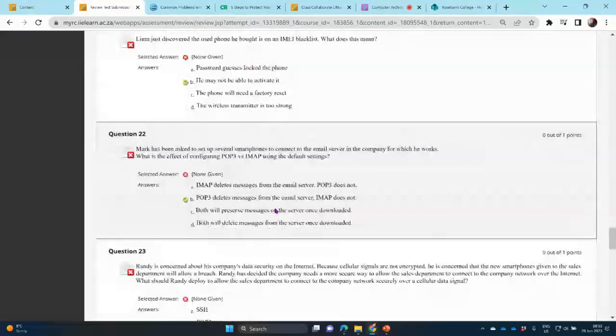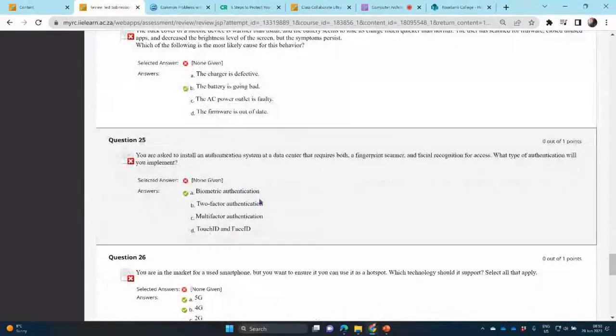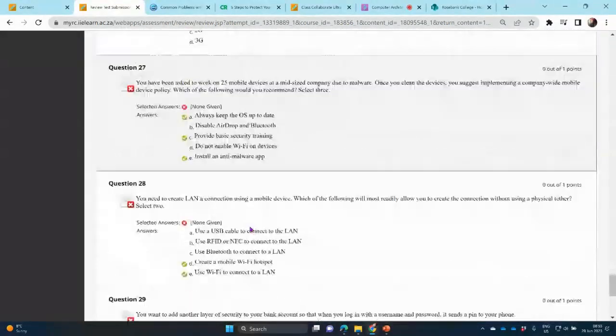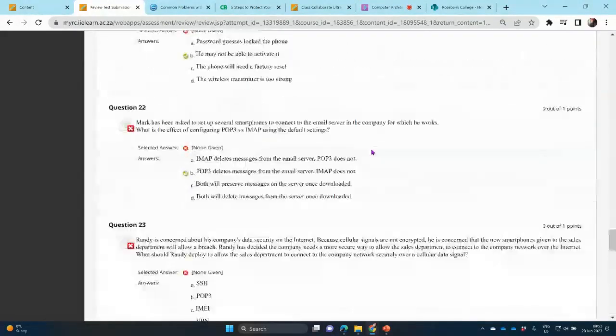Let me see, did I come across this question previously? And then you've already got the answers that have been given to you here. All right, so it's very, very important for you to have gone through the practice test in order to identify questions that might be replicated or duplicated on the final exam.